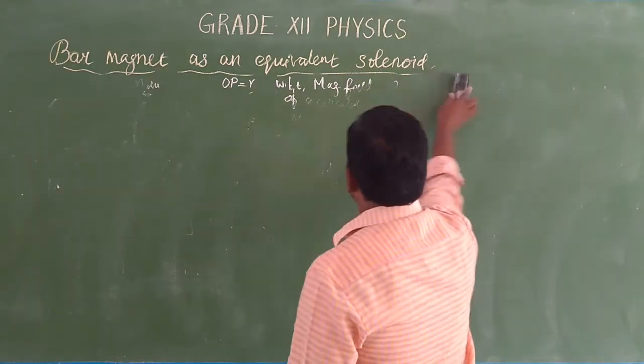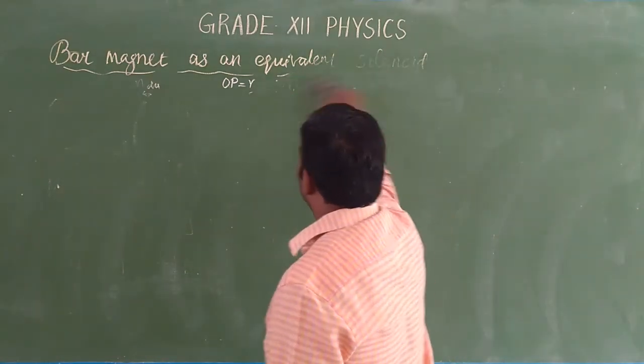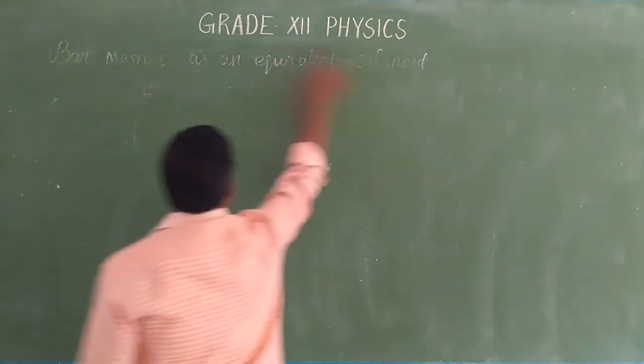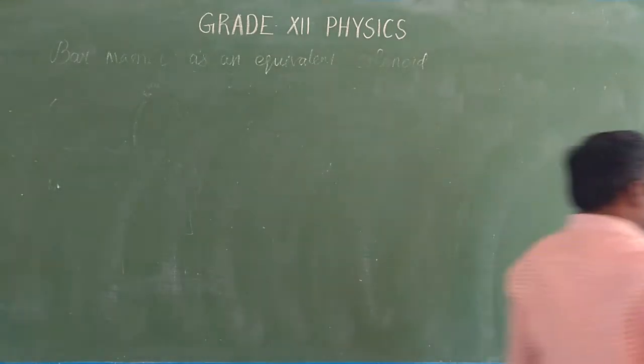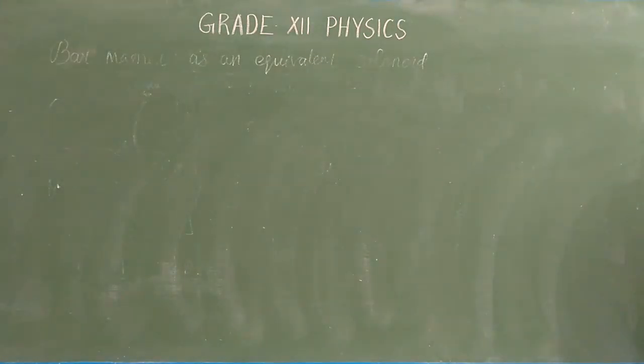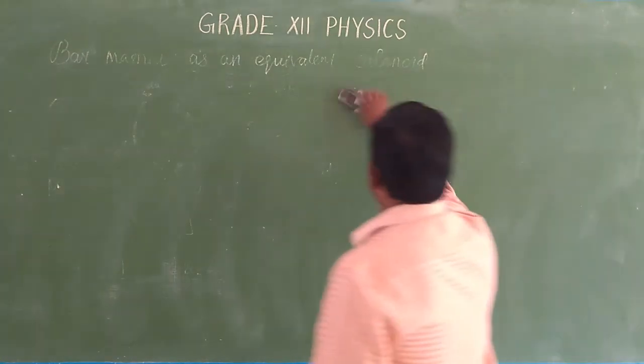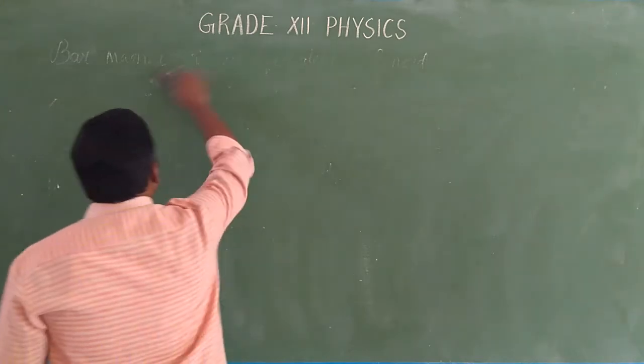We must have studied this in the second lesson: torque of a dipole in an electric field. It is the same way. What you have studied in the second lesson, the same method you are going to use. So how to find the torque of a bar magnet in an external magnetic field?